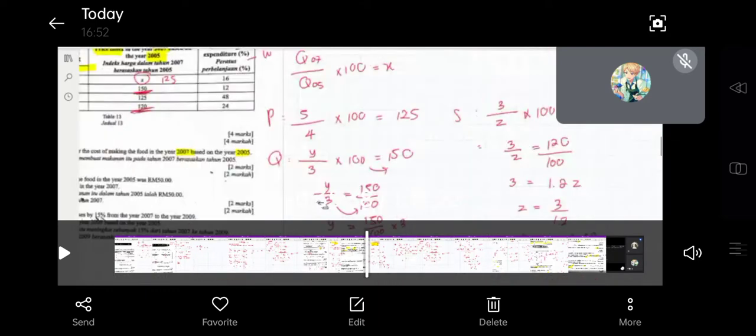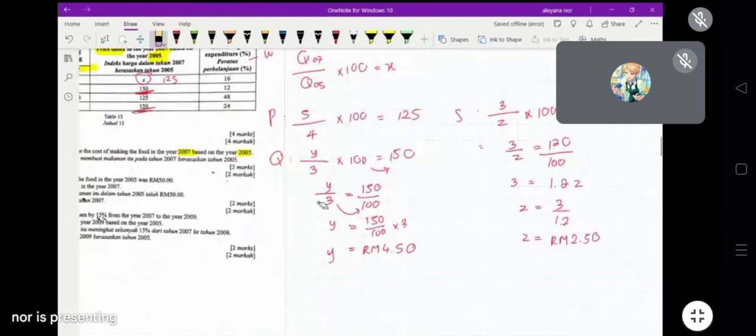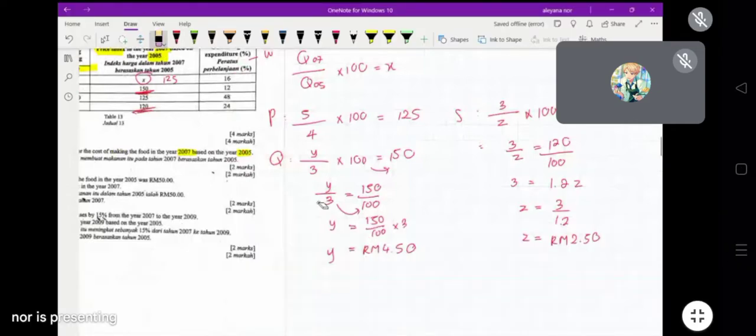Here, s equals 3 per z, because z is 2005, so 3 per z, multiply by 100 equals 120. Because you want to find z, you do normal algebra again and you get 2.5, which is 250 ringgit.